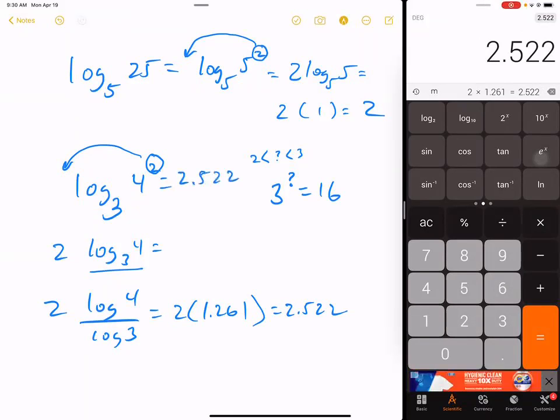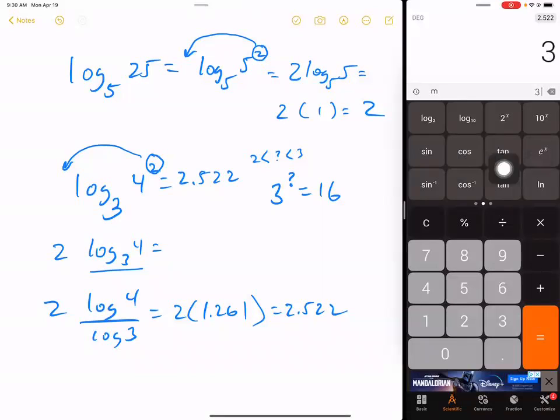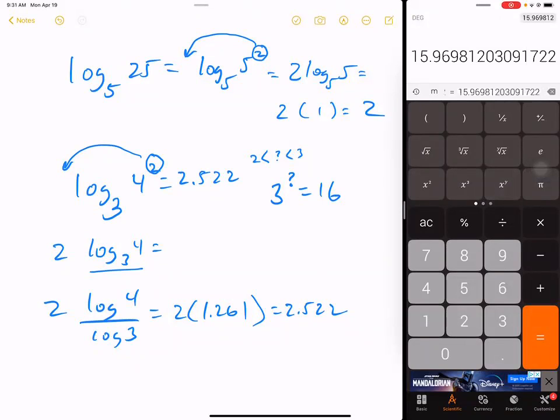Again, I went through that a little bit the longer way. If I say 3 to the power 2.522, we got pretty darn close to 16, of course, because of round-off error.